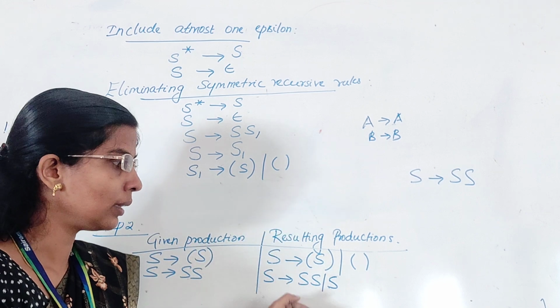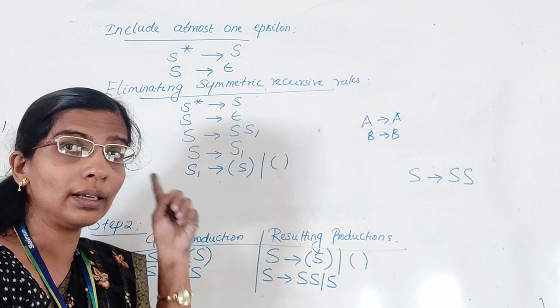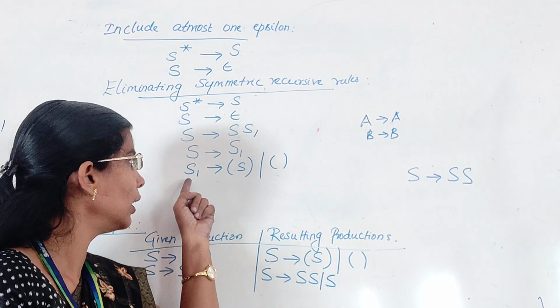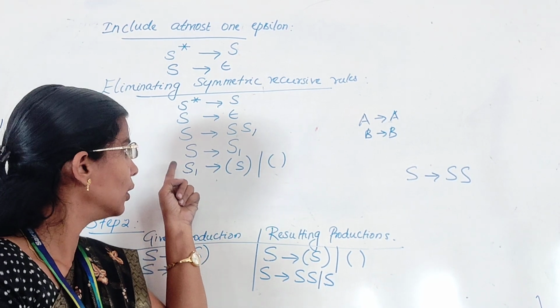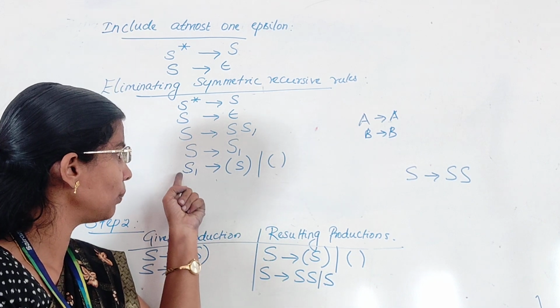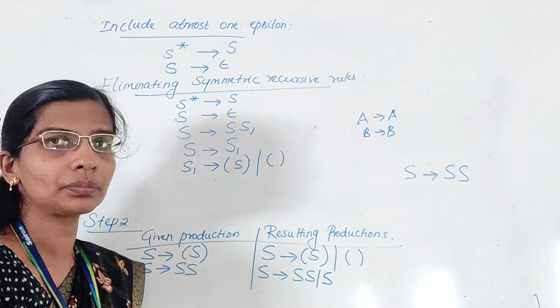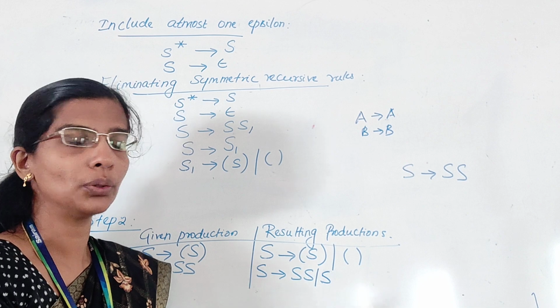Next, while writing the remaining productions, wherever you see this S in LHS, please remember, you have to use this new name S1. So here S is in LHS, so I am using the new name S1 tends to RHS, you write as it is. And here, since it is S tends to S, I am just ignoring.